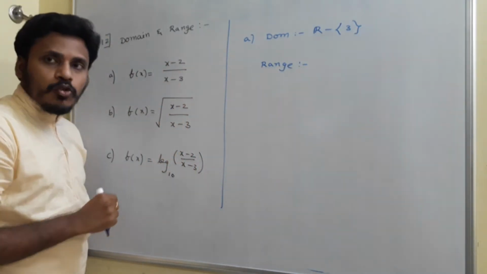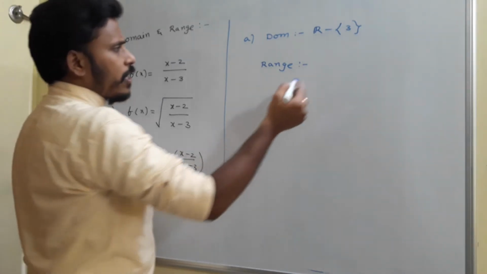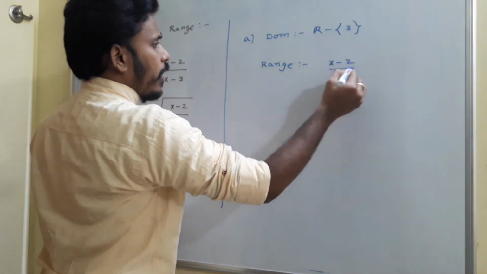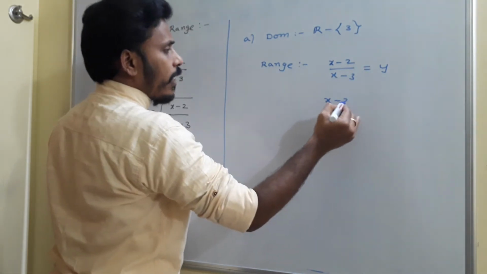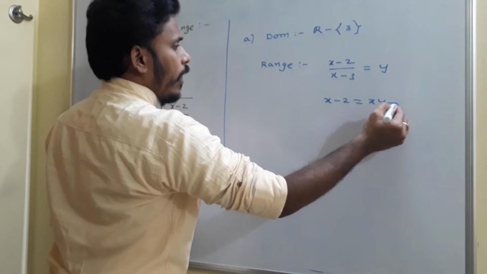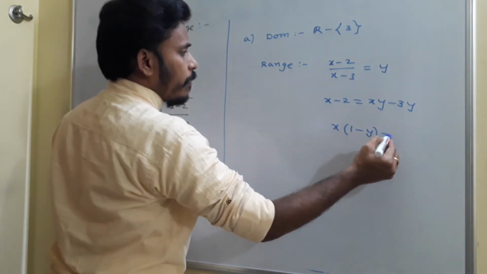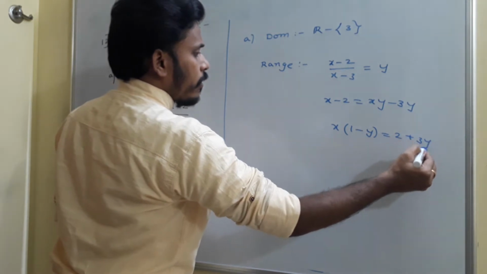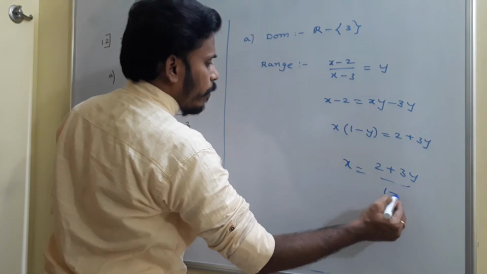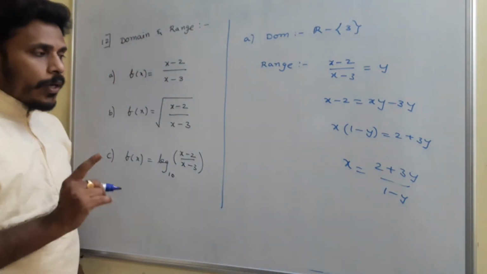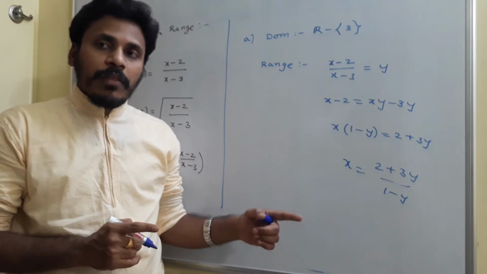Coming to the range, as I mentioned, to find the range we need to consider (x-2)/(x-3) as some y. I think we already discussed it in the last class, right? (x-2)/(x-3) = y, so x - 2 = xy - 3y, and after making x the subject, x = (2+3y)/(1-y). To always get a real value of x, you need to eliminate 1 from the real numbers.